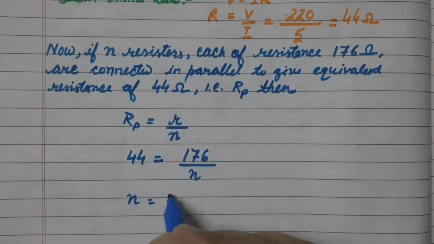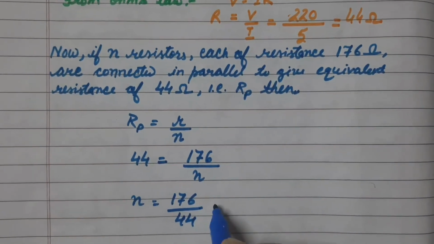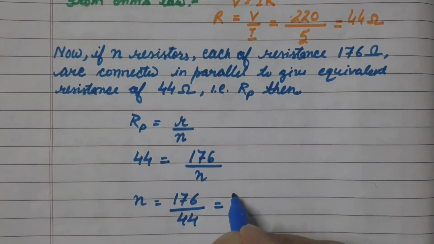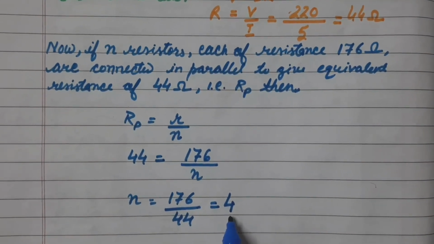Then N will be 176 upon 44. The answer will be 4. So the number of resistors will be 4 here.